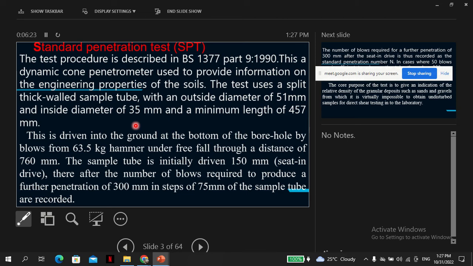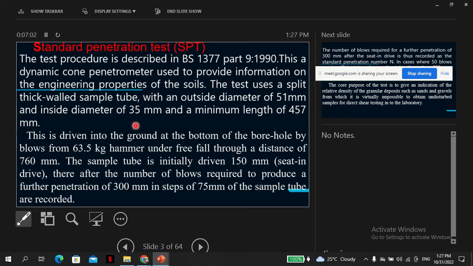So if you divide that by 2, 25.5 minus 17.5, about 8 millimeters.